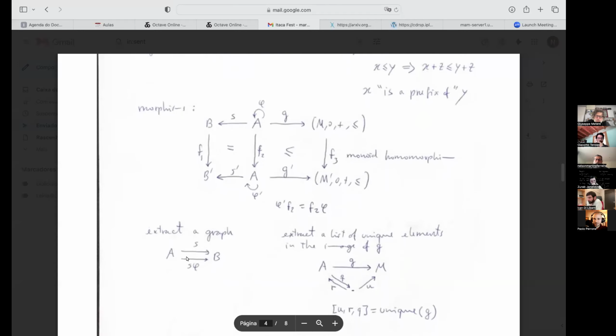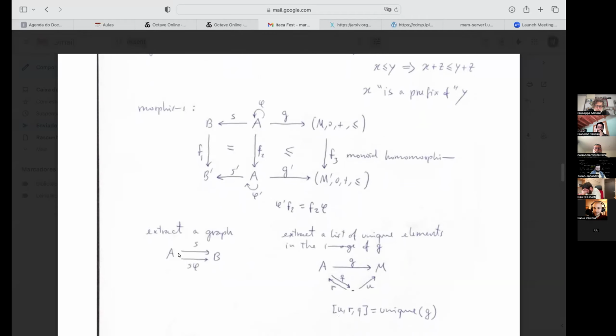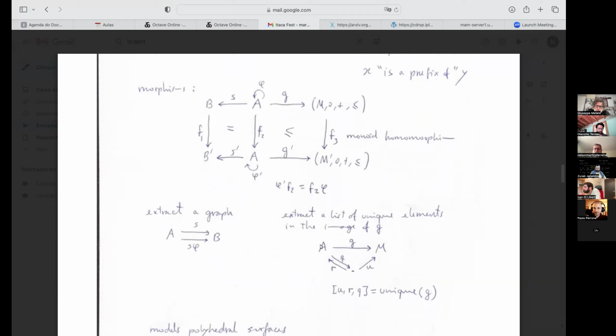So actually, at the end, we will see that one of the most important algorithms that we encounter is how to go back. So from any graph, we try to find this morphism phi such that the codomain is determined by phi composed with the domain. But we also extract the intuition from a set.